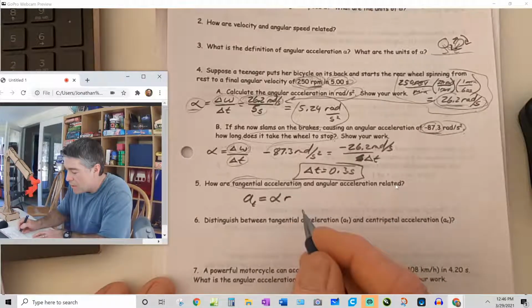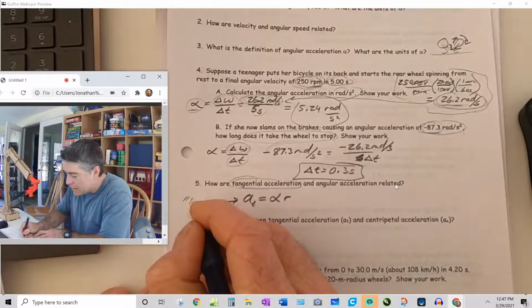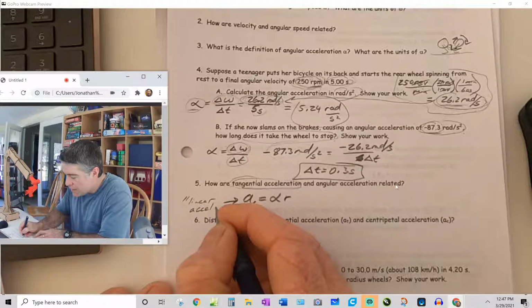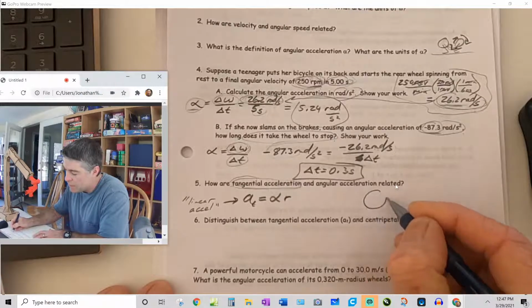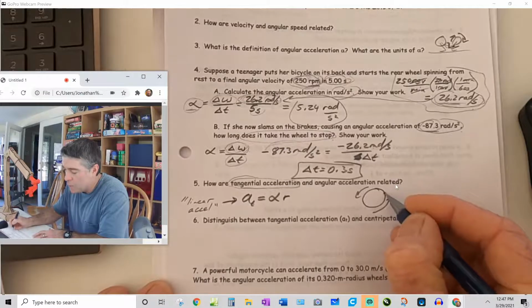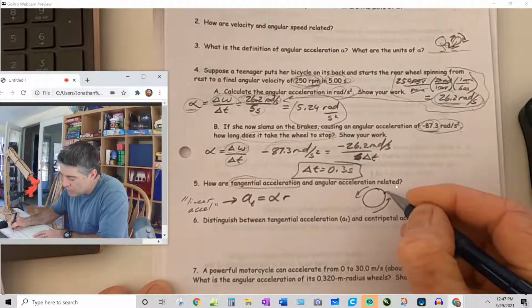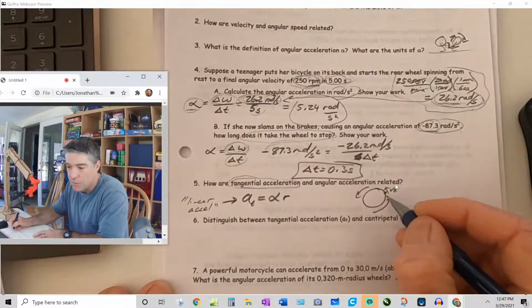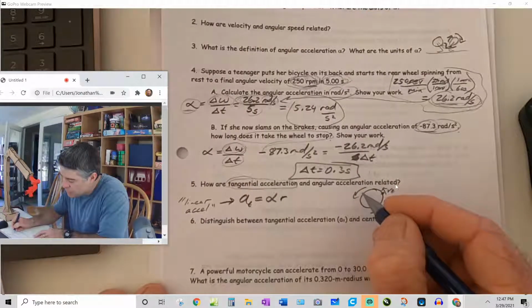Tangential acceleration is pretty much another way of saying linear acceleration, except we use it when something is going in a circle. If you have a wheel spinning like this, and a point on the wheel right there, we measure the velocity of this point in meters per second, and then measure it again when it's over here, and again over here.